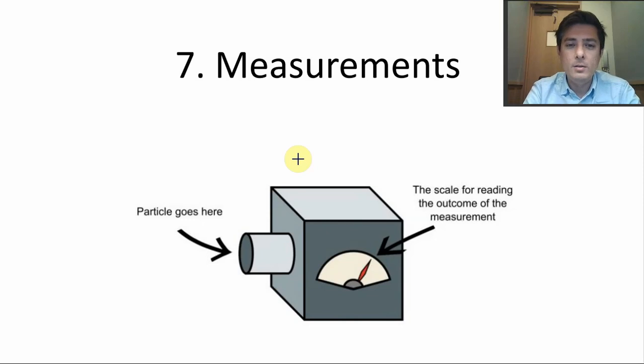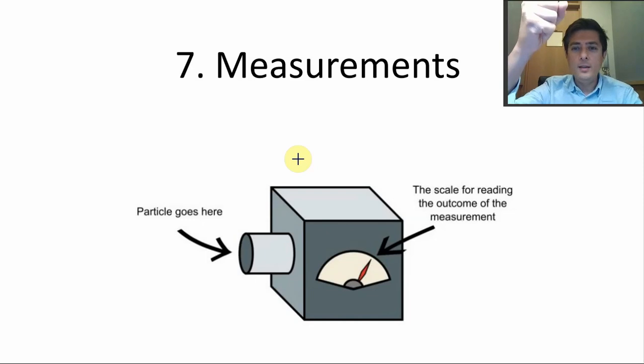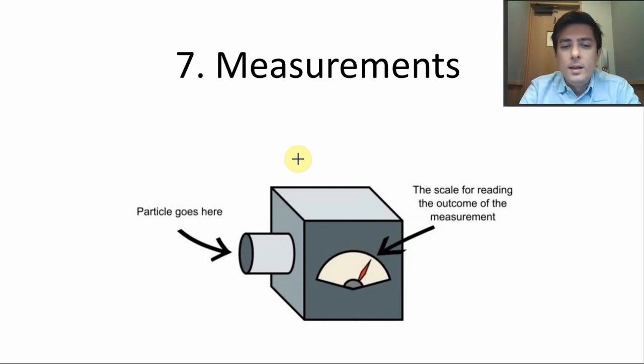In fact, you don't really have to even think about measurements so much in regular physics. It's more or less taken for granted that if you have some object, say a ball that's flying in the air and moving at some velocity, then you can always basically measure that to any arbitrary precision that you like, in principle at least.